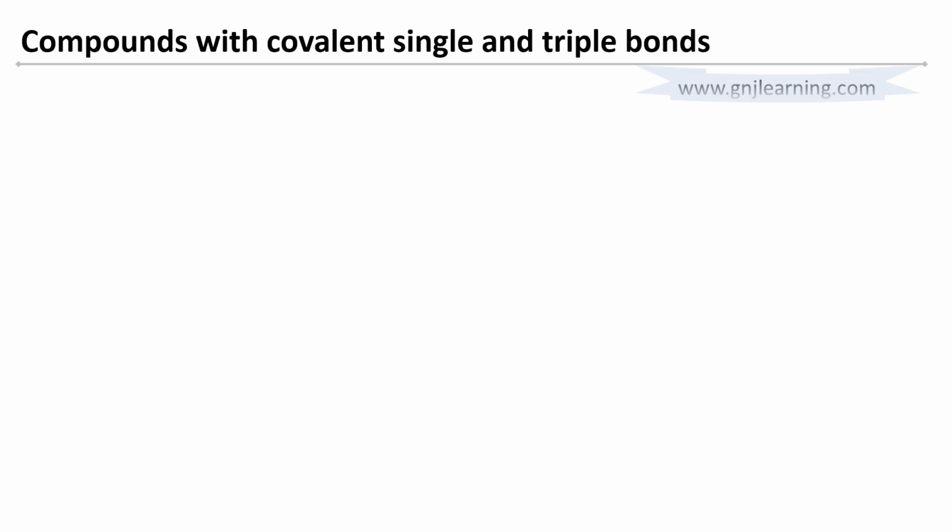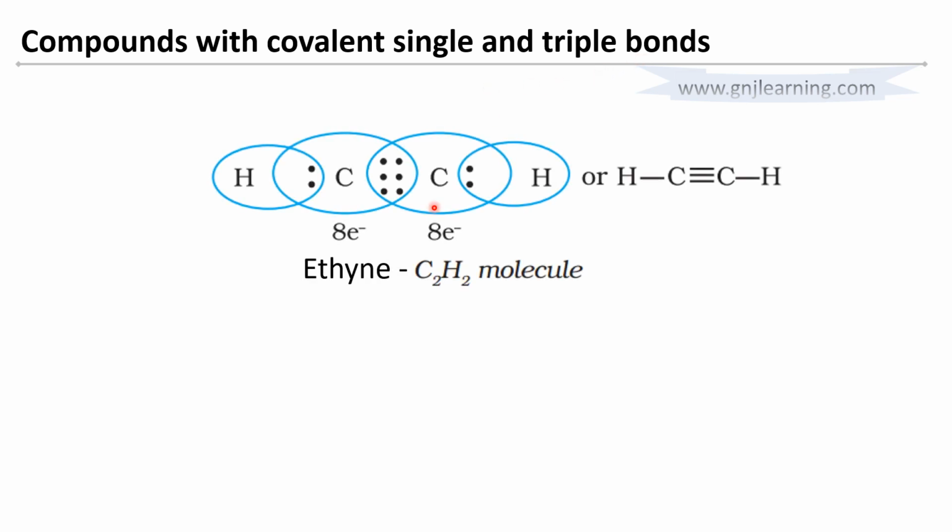Moving on to the next, covalent single and triple bonds. Compounds that have both single and triple bonds. For example, ethyne. This is the same hydrocarbon you might have learned in your lower classes. You might have learned it like this: CH triple bond CH, or C2H2.